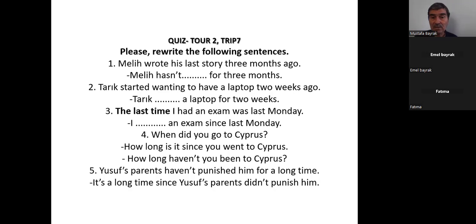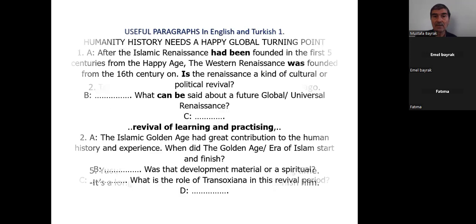Yusuf's parents haven't punished him for a long time. Nice. It's a long time since Yusuf's parents didn't punish him. Okay. Yusuf's parents haven't punished him for a long time. Okay. Humanity history needs a happy or global turning point. This is the last reading passage.